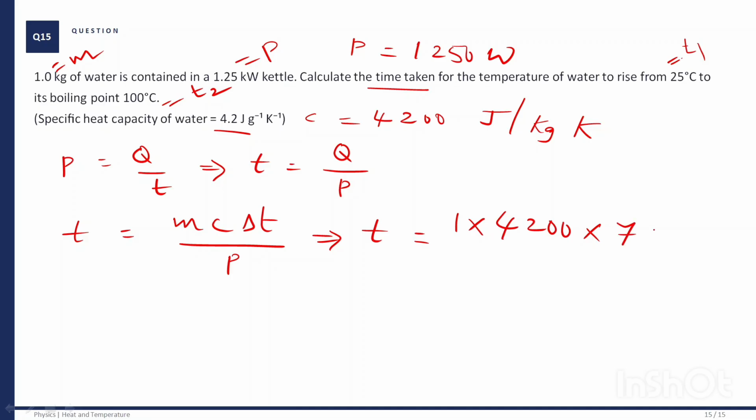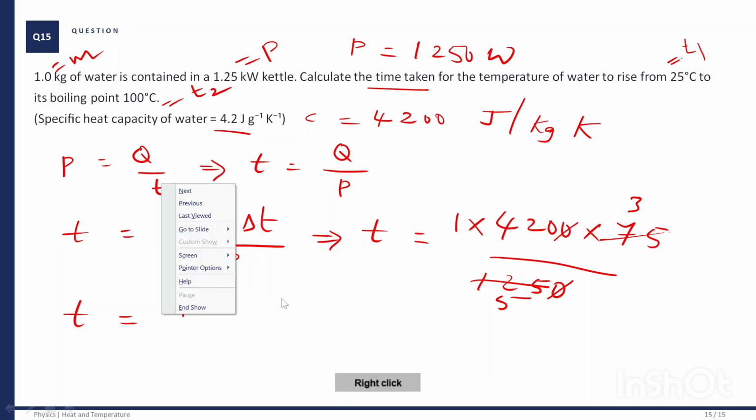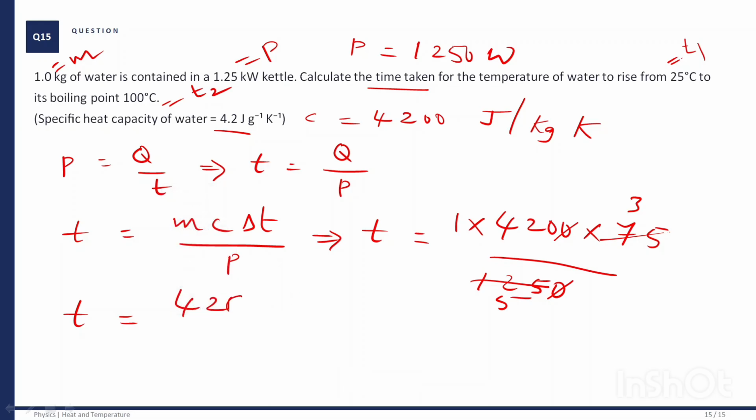So 75 you will get, divided by power value is 1250. 0 0 will get cancelled. 75 by 25 is 3, 1250 by 25 is 50, so 420 into 3 divided by 5.